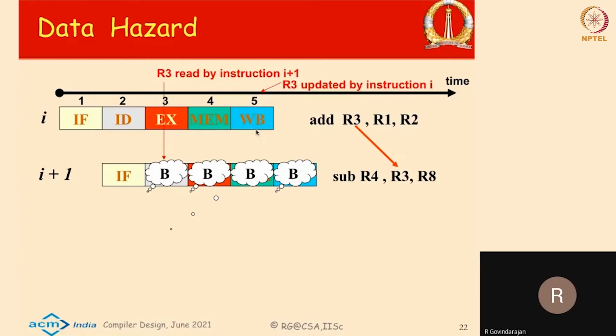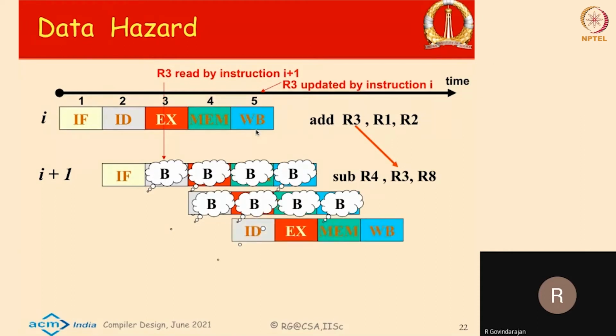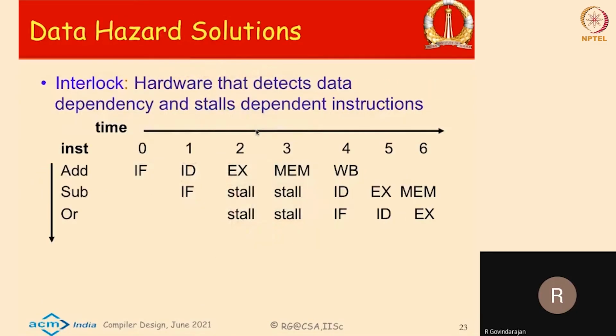Or at least wait until cycle 4 is over, and during cycle 5, when the write is happening, you can read that. So both the I plus 1th instruction and the I plus 2nd instruction have to be stalled, and the I plus 1th instruction would start doing the instruction decode after cycle 5, when it can actually read this. This is what we call the pipeline stall due to dependencies, right?